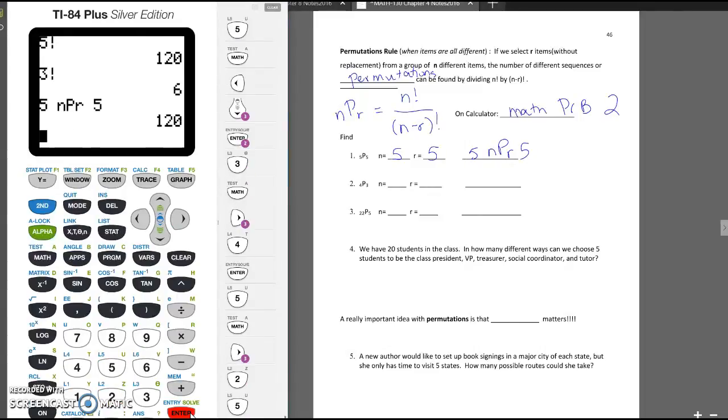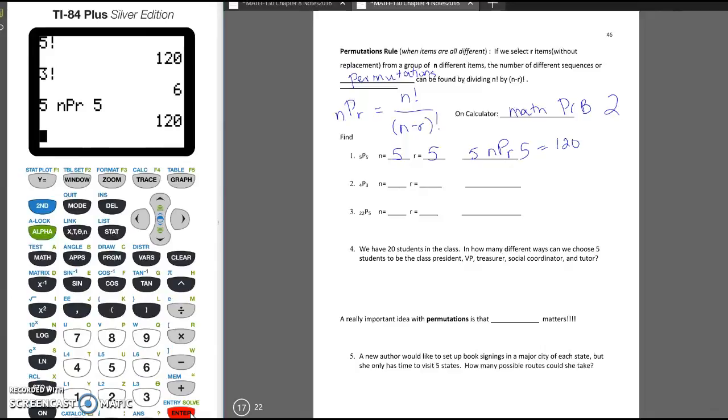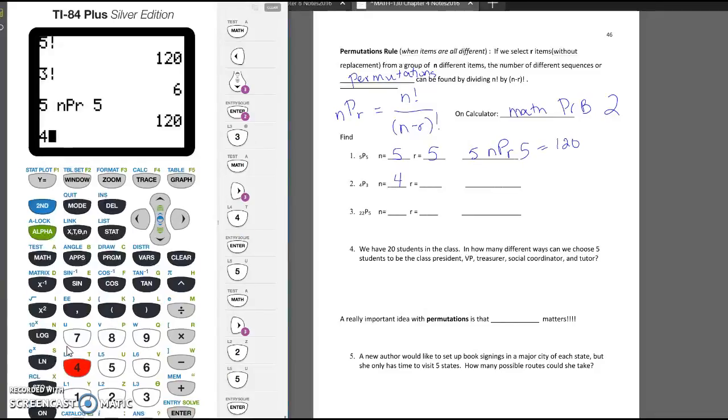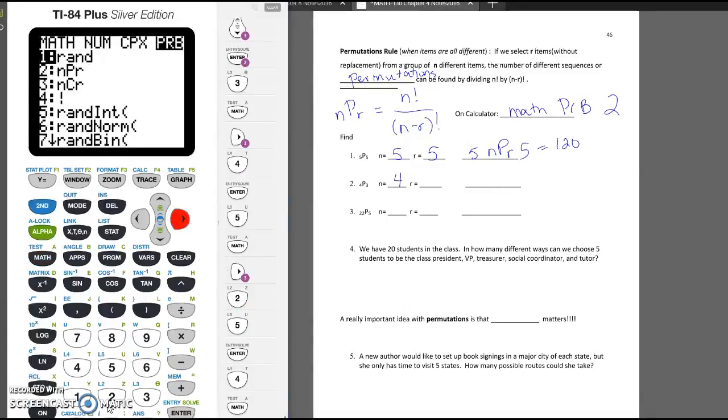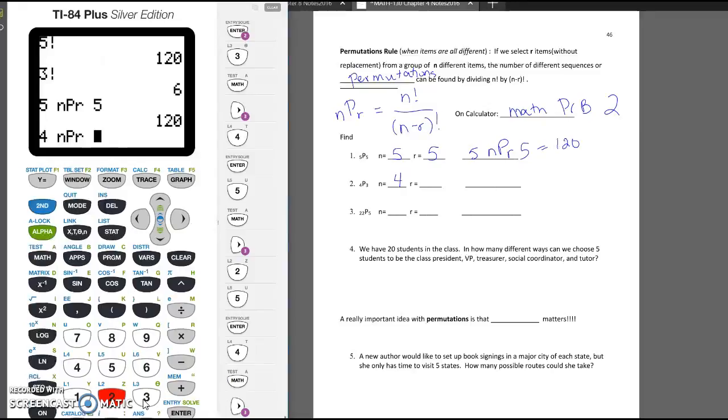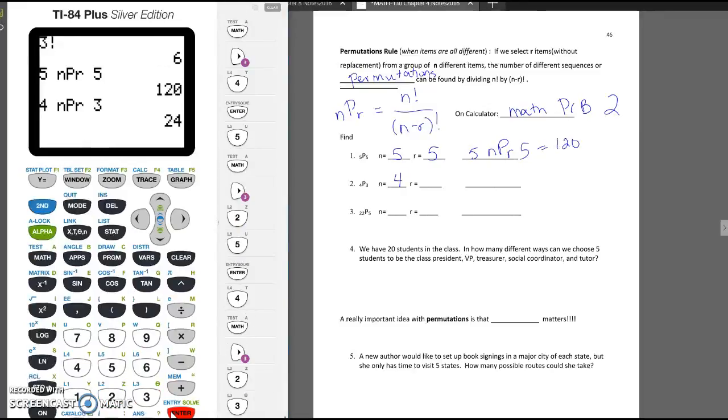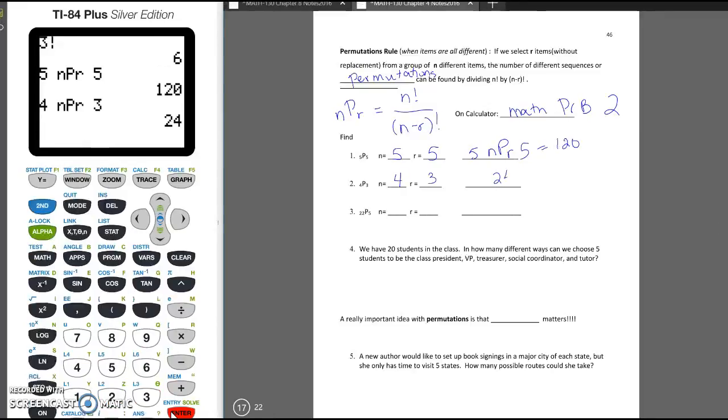So here we get 120. For the second one, we have 4P3. So n is going to be 4, and then we're going to hit math, go over and put 3, and we get 24. For 22P5, our n is 22 and our r is 5.